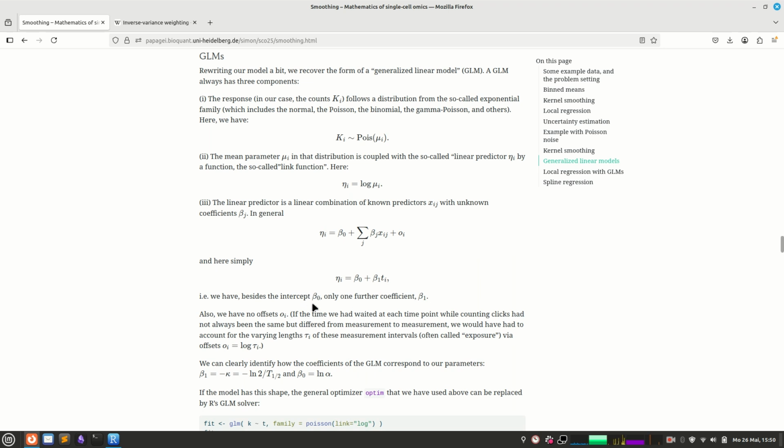And hence, the intercept is our initial activity, or actually the logarithm of the initial activity, and the slope is the decay constant. I added here a third parameter, O, which is called the offset. And you see the difference from these ones here is you don't fit them. The betas are the parameters which you fit.